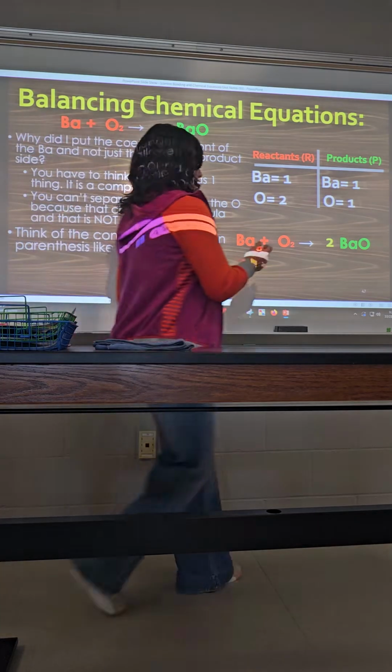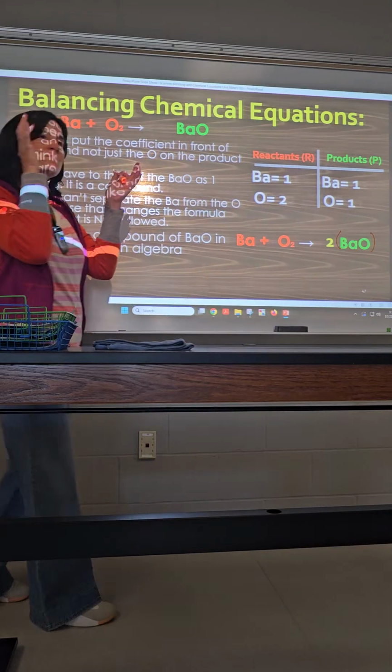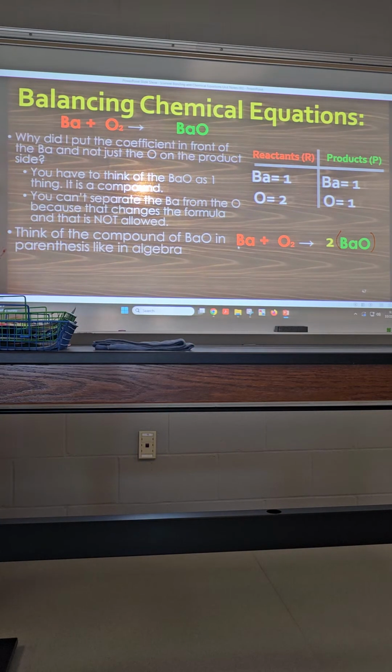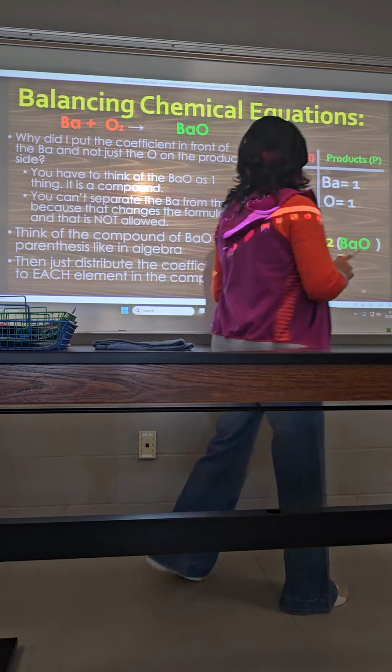So this is where we said, think of this as parentheses. Keep that mentally all together, and then just distribute. We didn't have to distribute anything in our last example, but we do in this one.